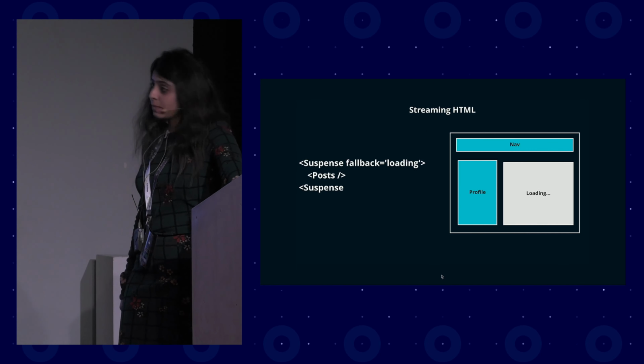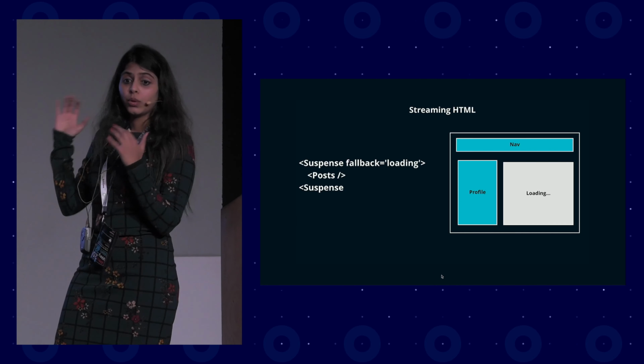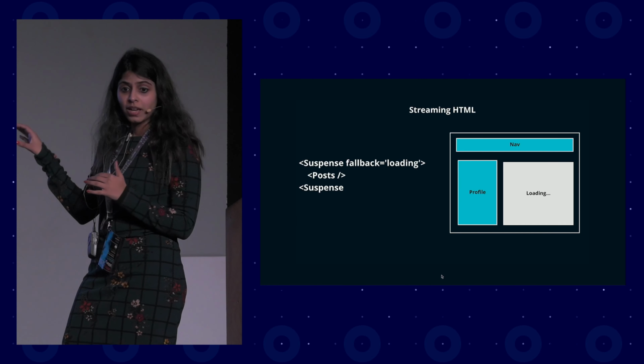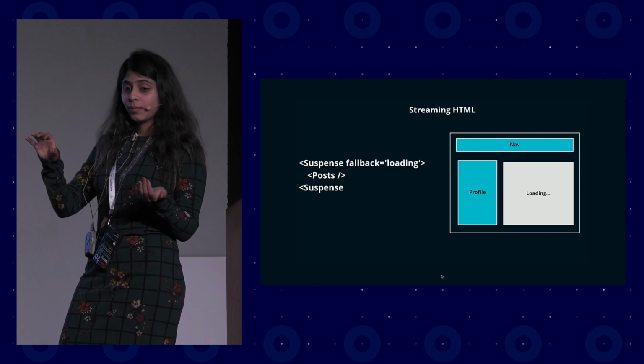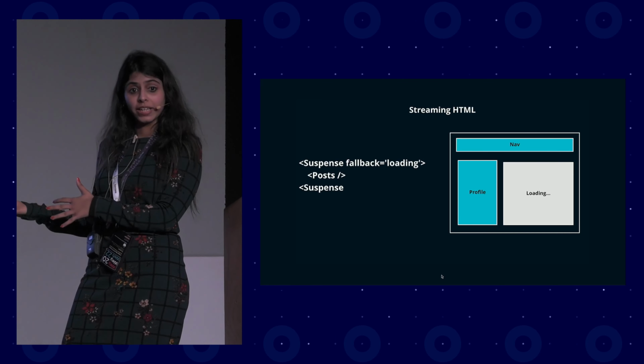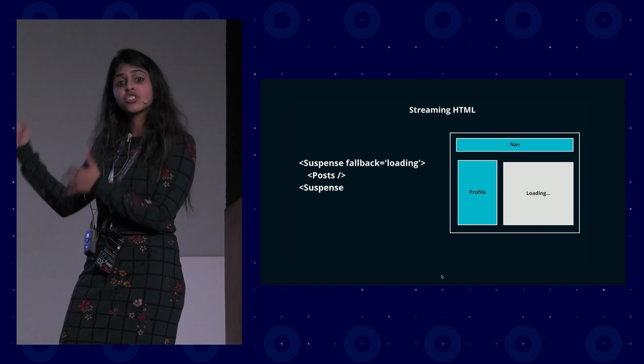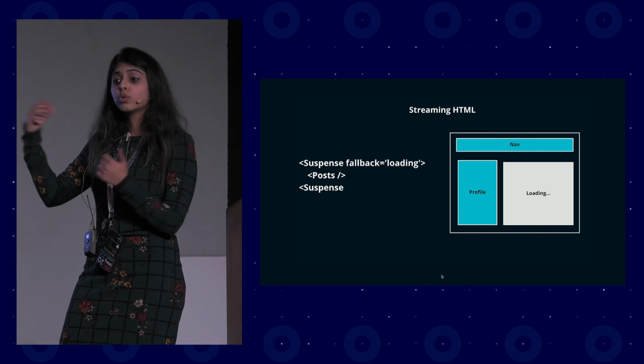But now with Suspense, till the posts are loading, we can provide a loader, and we don't have to wait for the post to completely load before sending data to the client. So this is called streaming HTML. We are able to stream the HTML even before my posts are ready.